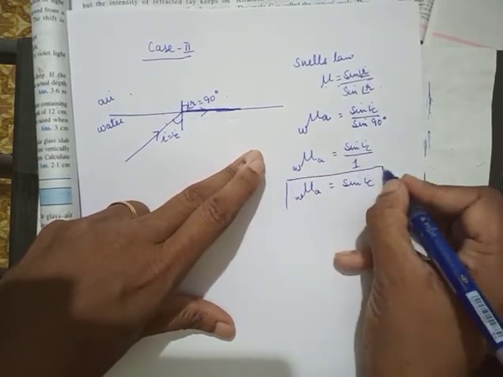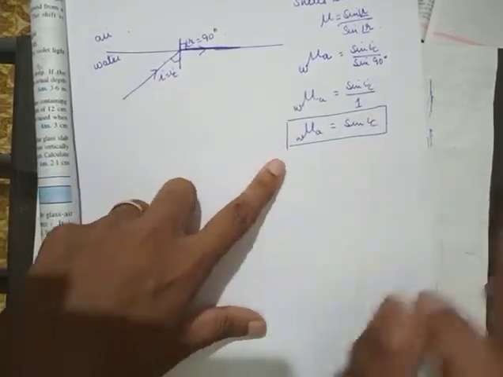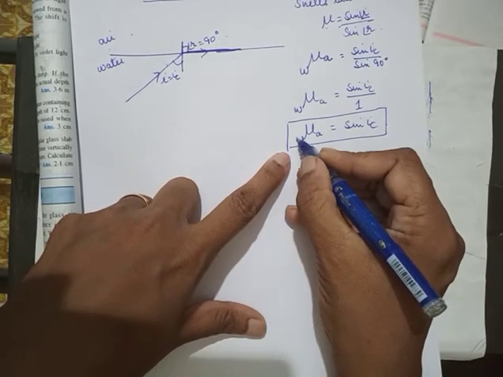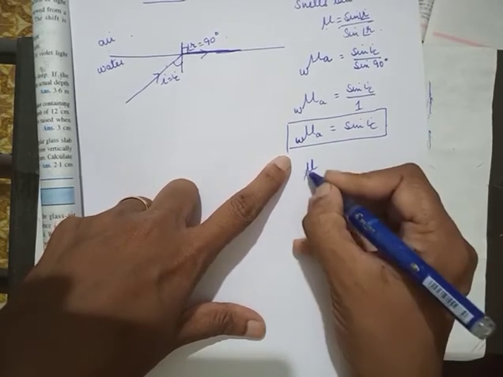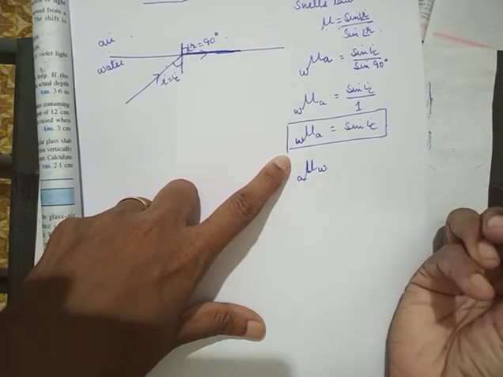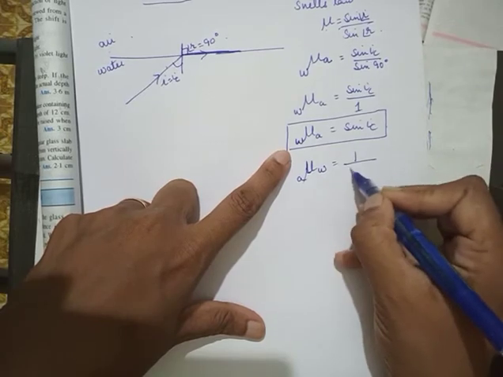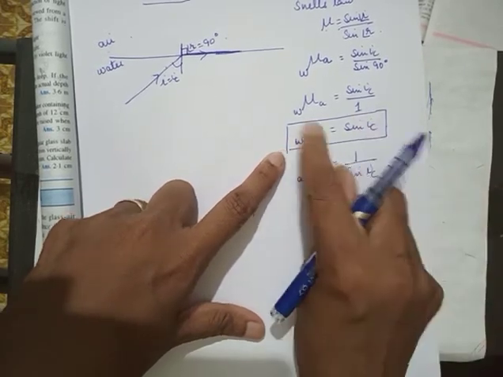Now, this is the relationship between refractive index and critical angle. But usually when we say refractive index, we always say the refractive index of the denser medium with respect to the rarer medium. Okay. Water with respect to air. Now, it will be 1 by sine IC. Principle of reversibility.